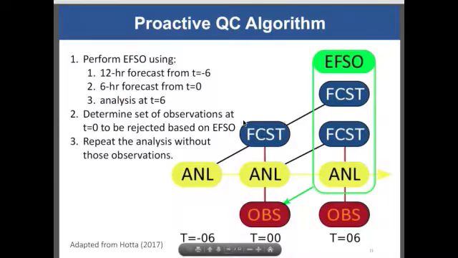Then we wait until the next analysis becomes available so that we can do EFSO. And then from EFSO, we can determine which observations to be rejected at this time. And then we remake the analysis again. And the analysis is improved by rejecting some of the detrimental observations, and the subsequent forecast is improved.